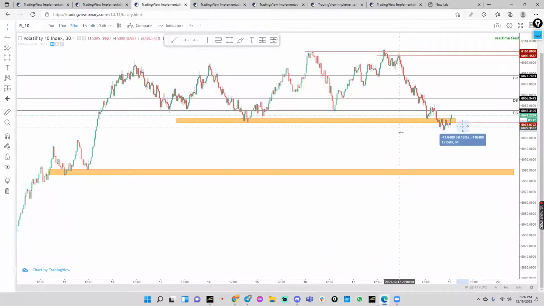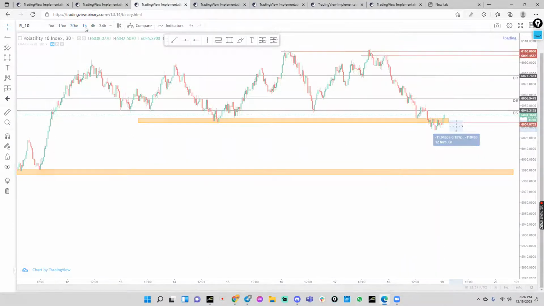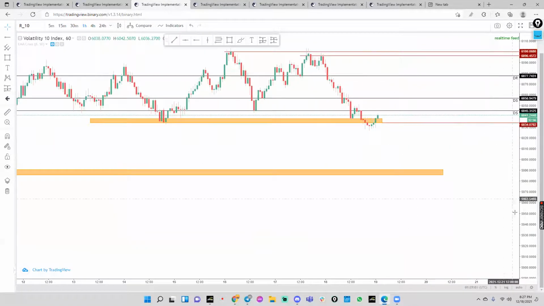Not really seeing anything I like. As I said, it might respect this level right here. The VIX 10 might respect this support right here, because price is struggling to break below the area. As I can see right here, it breaks below, and what price has done now is to close back above the area.